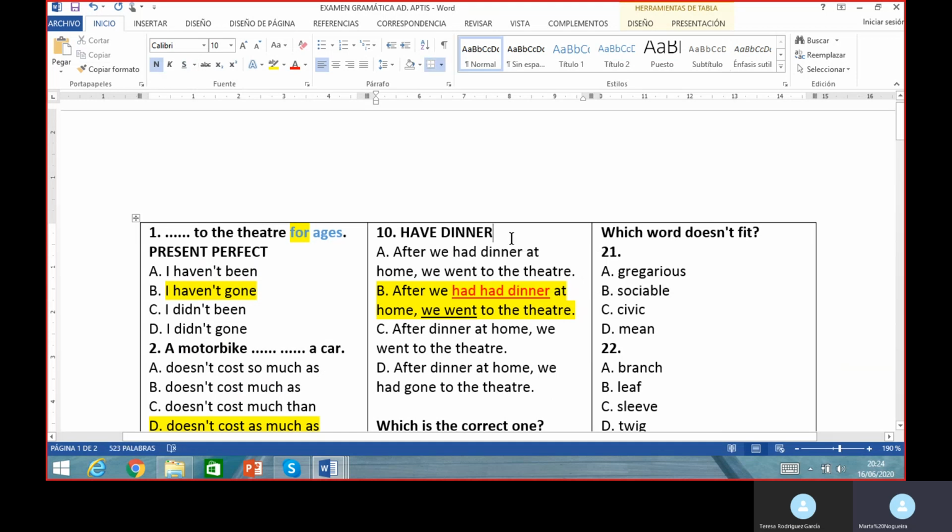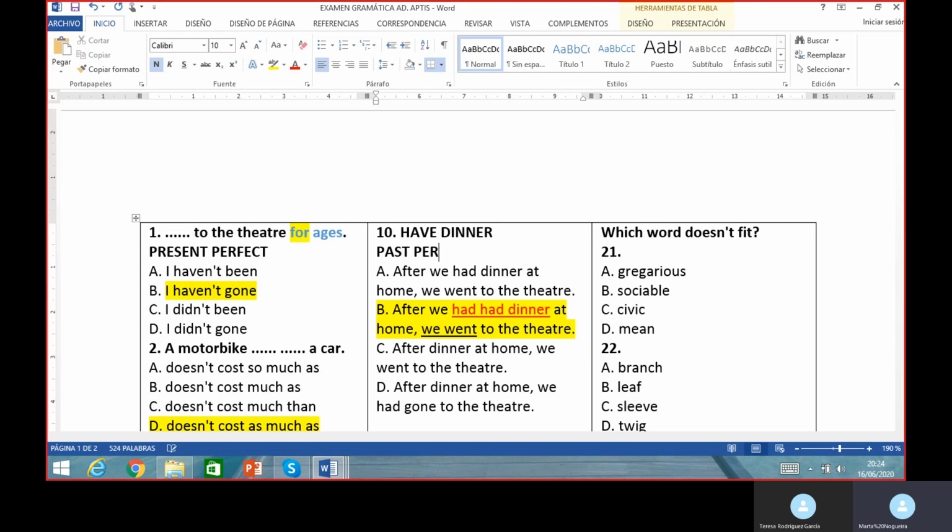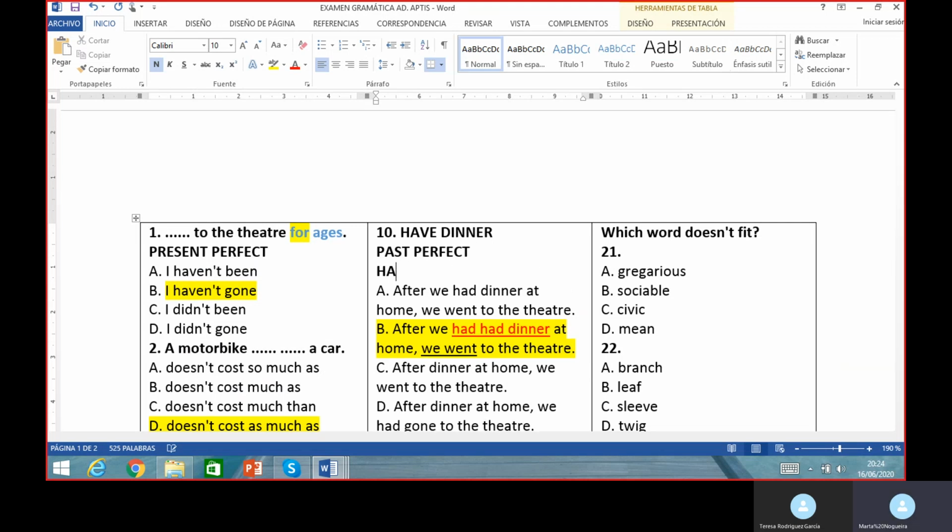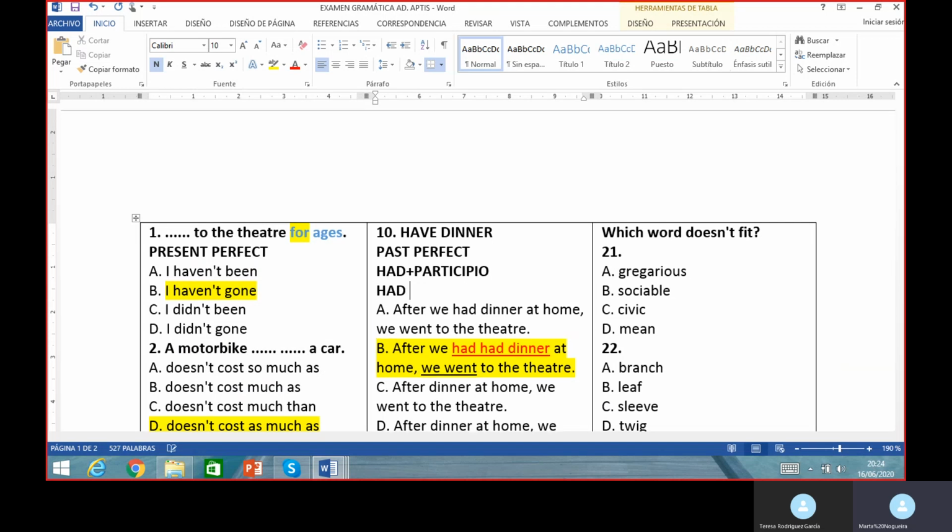El pasado perfecto siempre lo hago poniendo had más un participio. ¿Cuál es el participio de mi phrasal verb? Pues had dinner. Entonces está perfectamente bien.